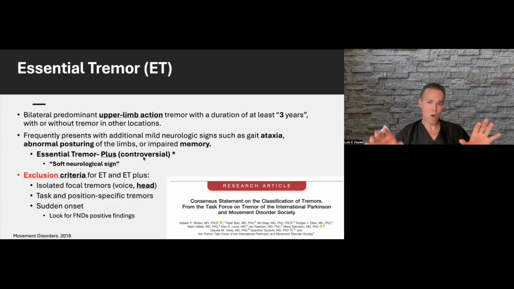So this gets more complex because there are the early onset, which is probably more genetic related, because those patients usually have a strong family history, mom, dad, sister, brother with tremors, and they respond better to alcohol.